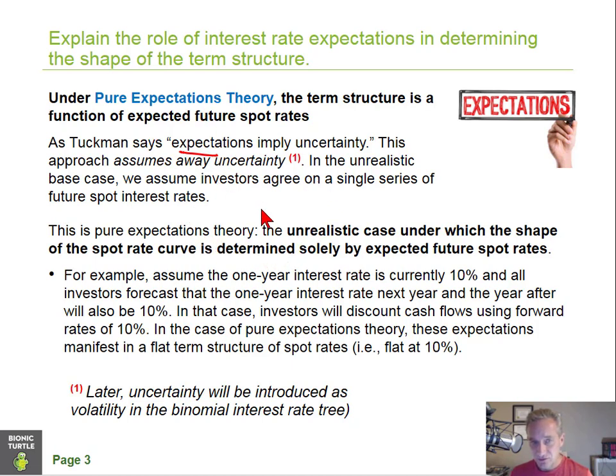But pure expectations, this approach assumes away the uncertainty, and in this unrealistic base case, assumes investors agree on a single series of future spot rates. So that's pure expectation theory: the unrealistic case under which the shape of the spot rate curve is determined solely by expected future spot rates.